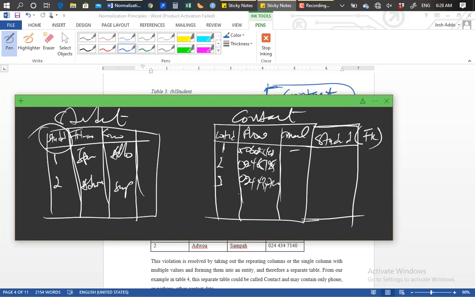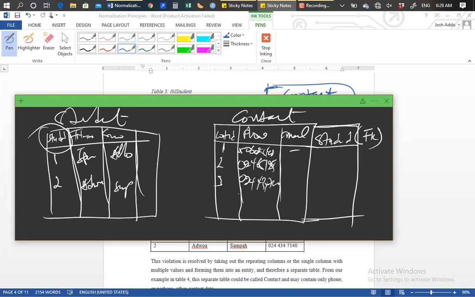So that's the idea behind foreign key. So when you are capturing the data, 0506028495, which is contact ID 1, you also have to add the foreign key number, which is the student number, which is coming from the student table.